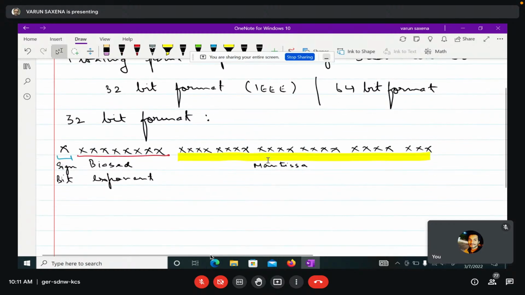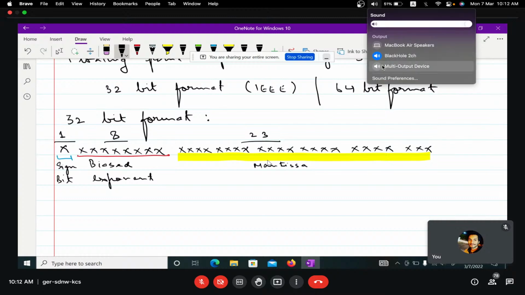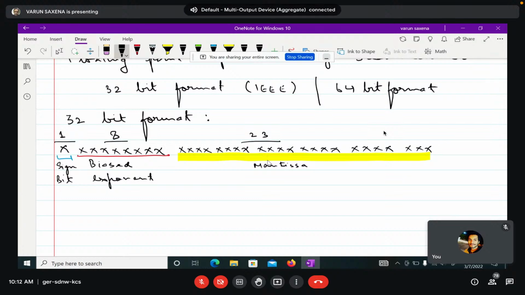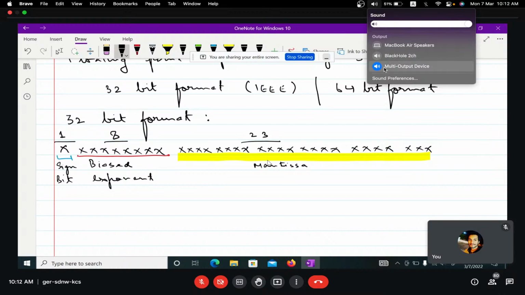If it was a 64-bit format, then this is like 1 bit here, these are like 8 bits here, and then you have 23 bits here. Right? So when it's a 64-bit format, you have 1 bit to represent the sign bit, 11 bits to represent the biased exponent, and then 52 bits to represent the Mantissa.